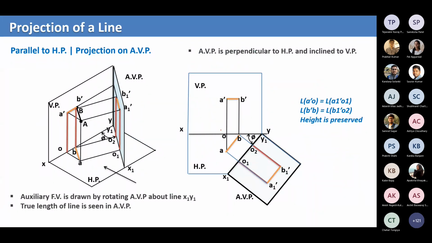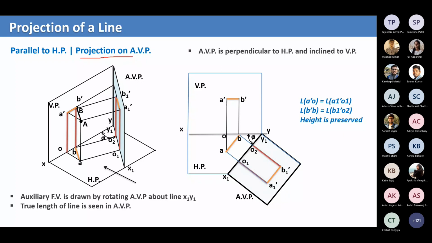Since we have seen what is projection of a point, now we'll take up projection of a line. We know that a line is nothing but joining 2 points. So here we have 2 points A and B, and we want to project this onto an auxiliary vertical plane. This is our aim. Why do we need to draw an auxiliary view first of all?